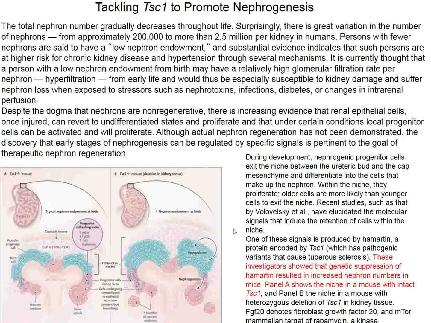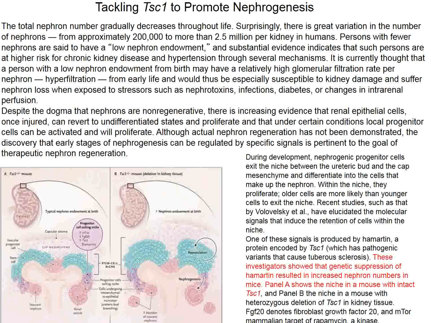In this study that's reviewed in the New England Journal, the number of nephrons is variable. We usually imagine there's about 1 million nephrons per kidney, but the range can move between 200,000 to 2.5 million. The more we have, the less likely we're going to end up on dialysis.